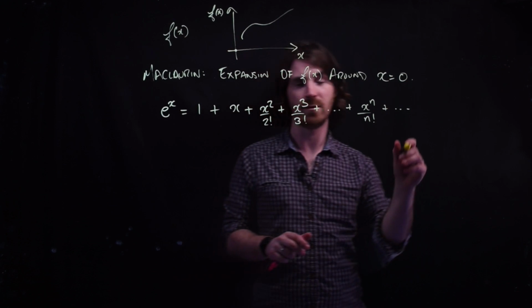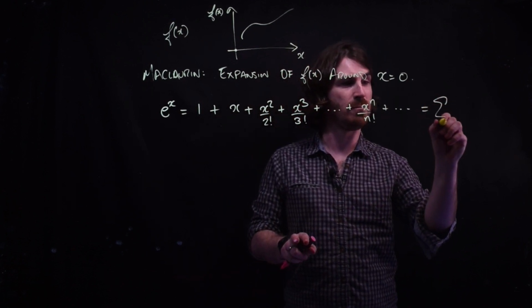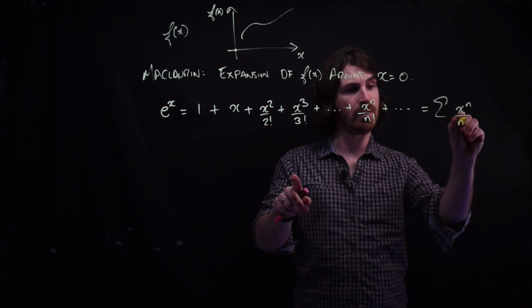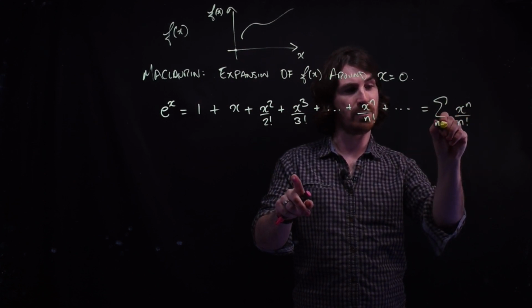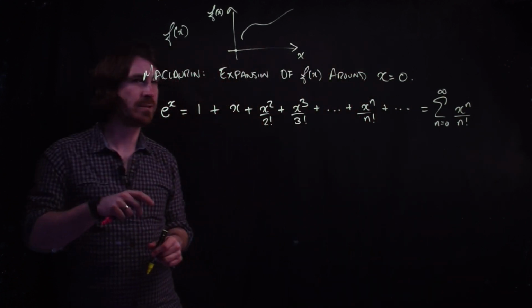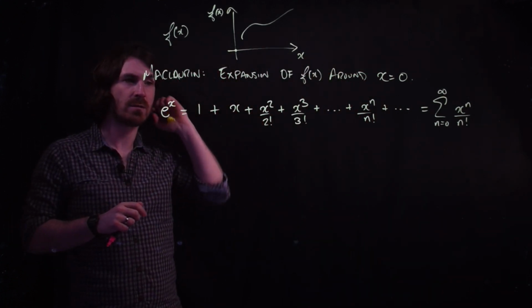This can be written as the sum of x to the n over n factorial from n equals 0 to infinity. So this is the Maclaurin series for e to the x.